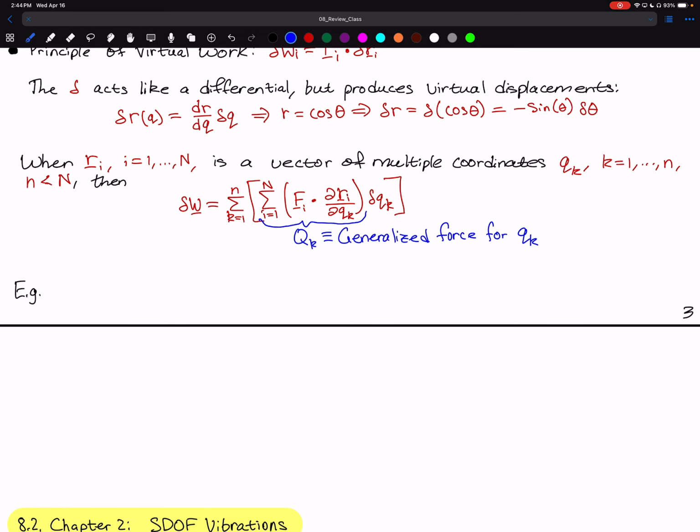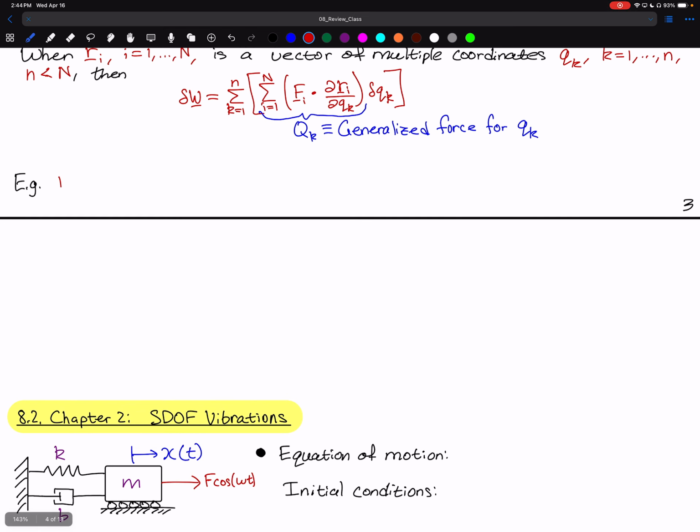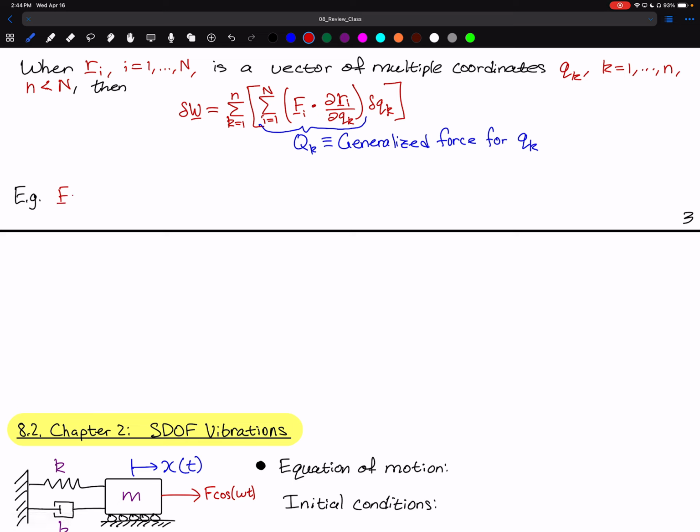So I'll give you a little example here. If we have a force, F of t, let's say is equal to P times the sine of omega t in the i hat direction. And then our position vector r depends on two coordinates, let's say theta 1 and theta 2. And those are our two generalized coordinates.